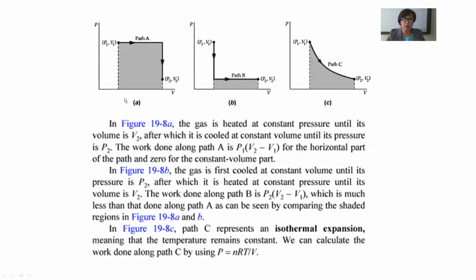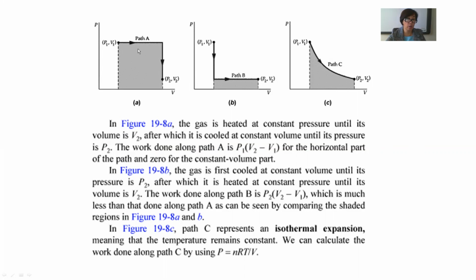In the first figure, A, the gas is heated at constant pressure until the volume is V2, after which it is at constant volume. This region is constant pressure, and this region is constant volume but changing pressure.